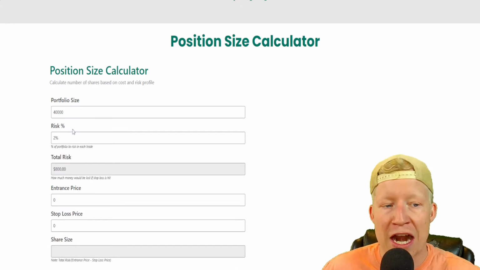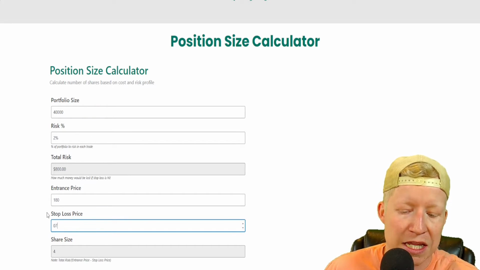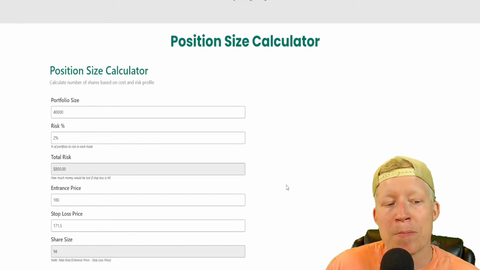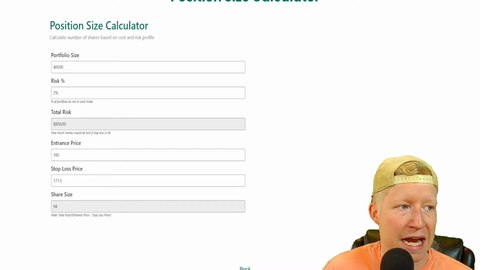That, of course, gives me an $800 total risk in every trade I take. So now if I type in the 180 entrance price and the 171.5 stop loss price, that is going to give me a share size of 94.